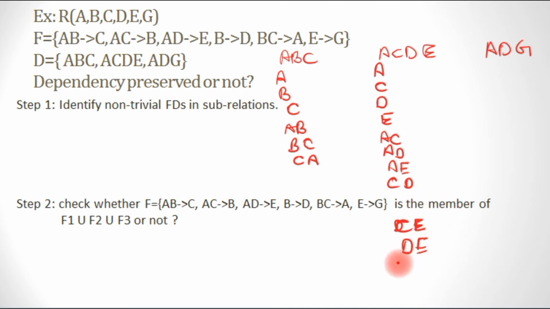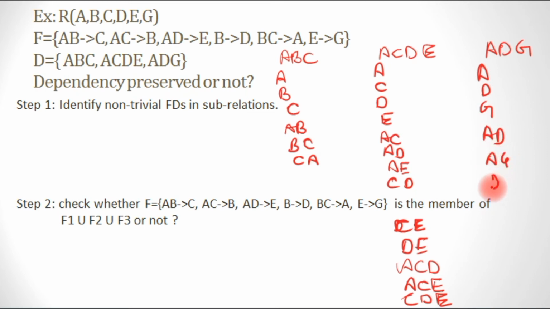Now three attributed functional dependencies: ACD, ACE, and now we have CDE. Here we have ADG: AD, AG and DG.